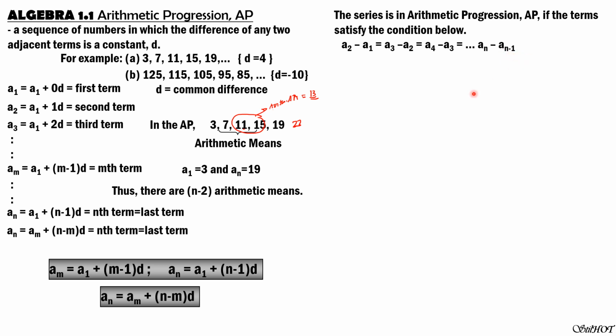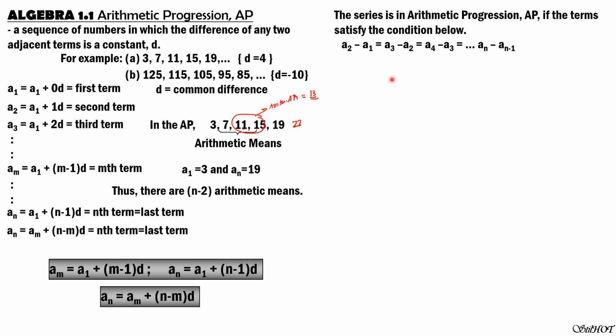Now let's derive the sum of terms of arithmetic progression. By the way, you may use the summation notation in your calculator for finding the sum of an arithmetic progression, but we will develop that later.